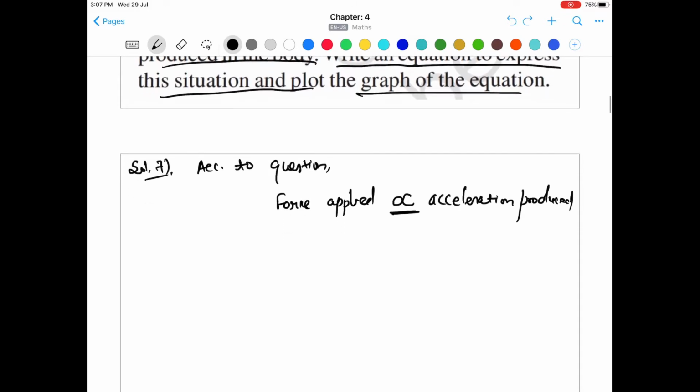So let the force applied on the body be equal to y units, whatever the unit of force.